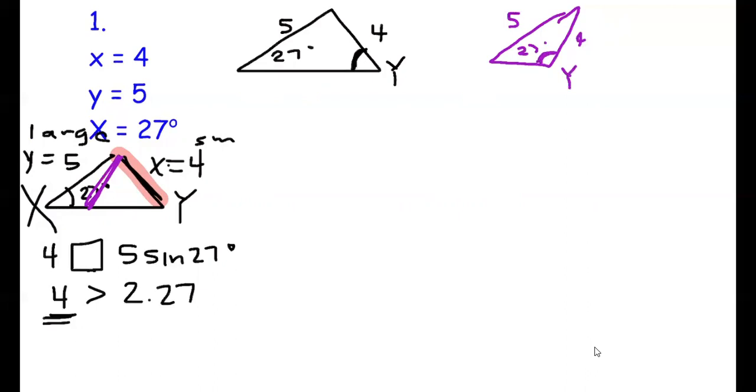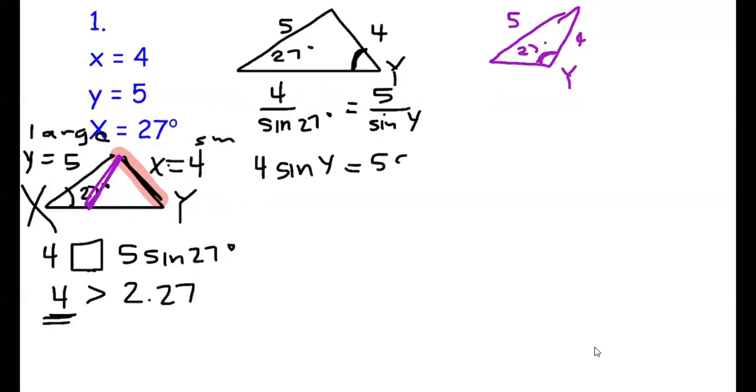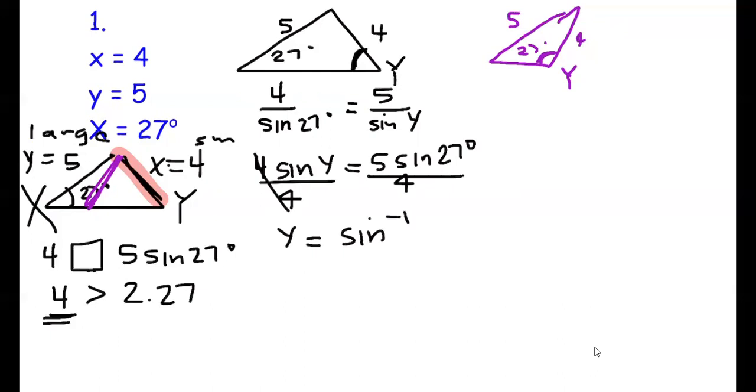Okay, let's go ahead and find our black triangle case. And so here we go. We have 4 over the sine of 27 degrees is equal to 5 over the sine of Y. We're trying to find angle Y first, so I'll cross multiply. 4 sine of Y equals 5 times the sine of 27 degrees. I'll divide by 4, and that gives me the sine of Y. Now we want angle Y, and so we'll actually have to use the inverse sine of that.